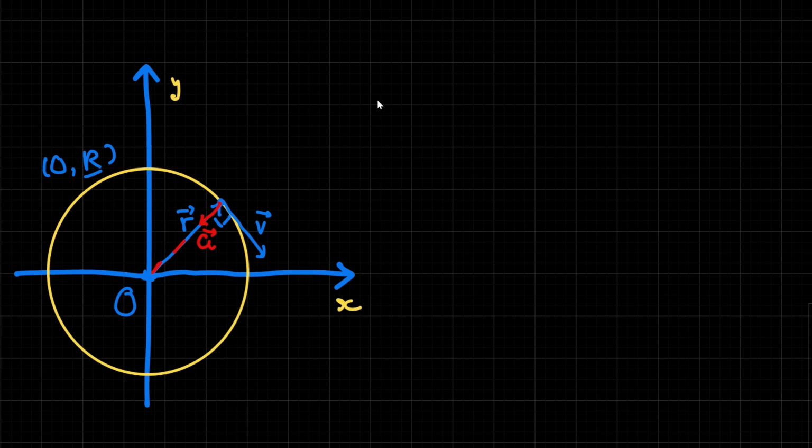So using what we have learned in the previous lessons, we know that the vector v equals vx times the unit vector x plus the y component. I will just draw them out: vx and vy.